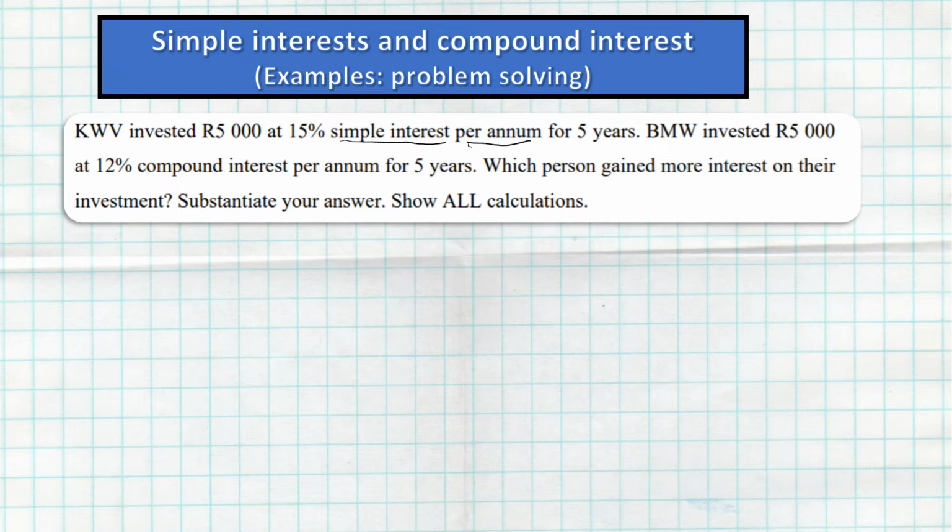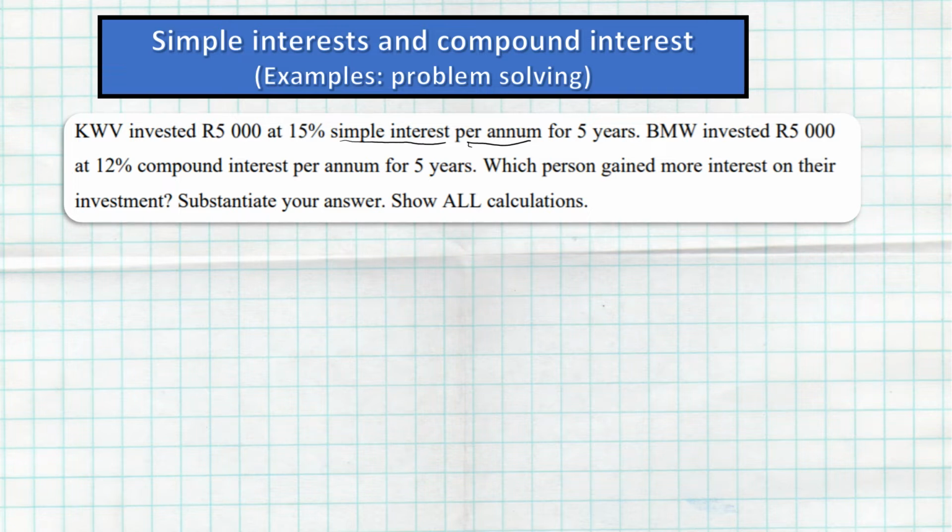Then BMW invested 5,000 at 12% compound interest per annum for 5 years. Which person gained more interest on their investment? Substantiate your answer by showing all your calculations.